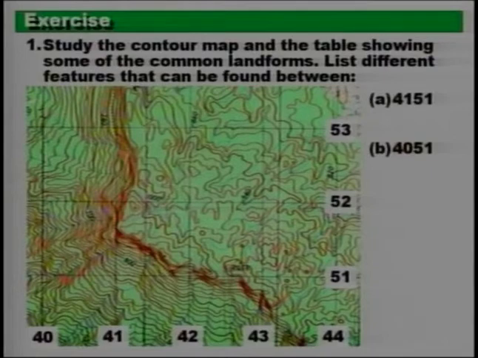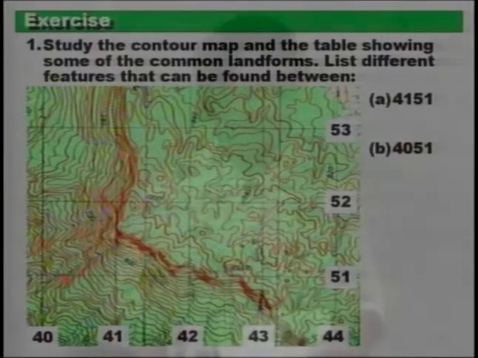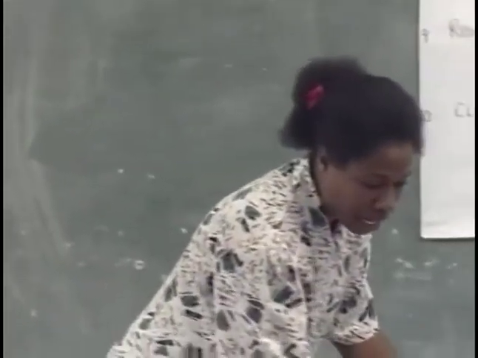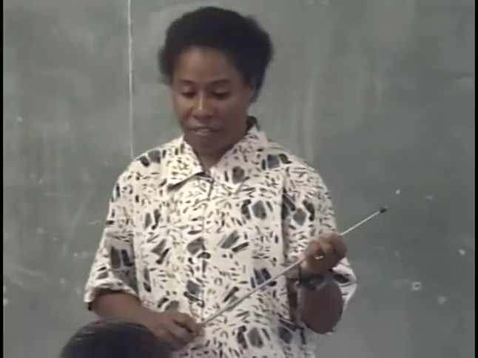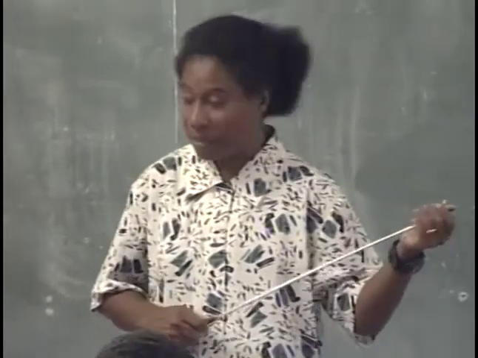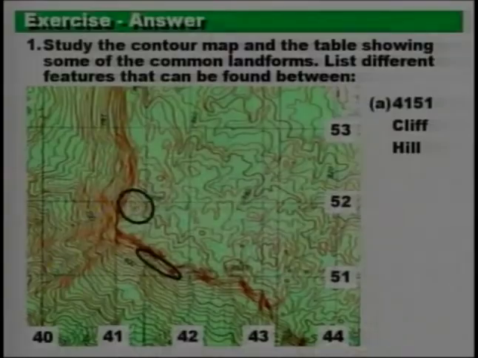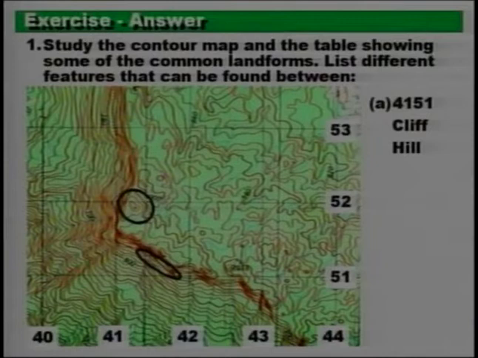Okay, if we look at 4151, some of the features that you should be able to pick out from the contour pattern would be, one, that of a cliff. Can you all double check? A cliff there, which is shown with the bars as represented on the contour patterns. So around this area there, you would have a cliff. If you had that, well done.